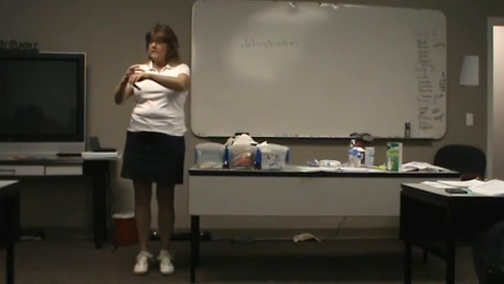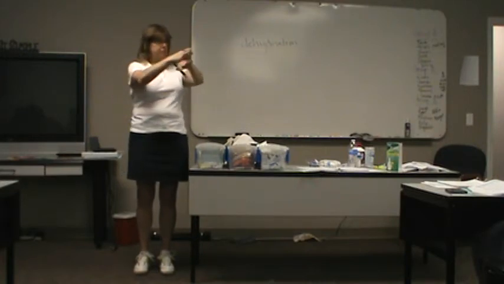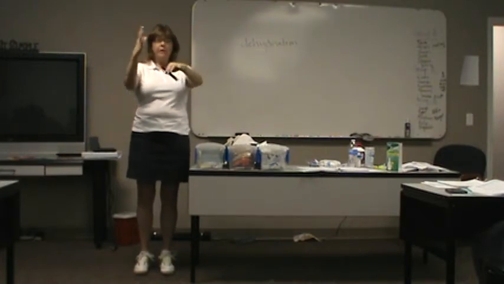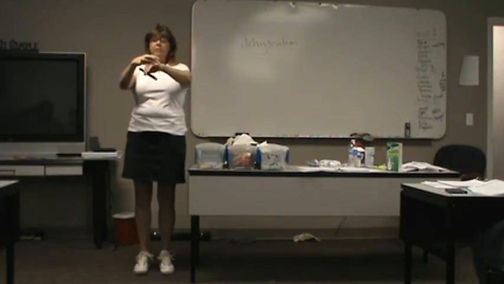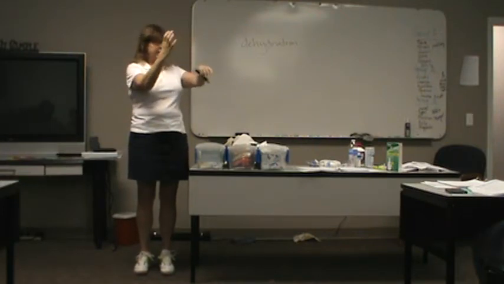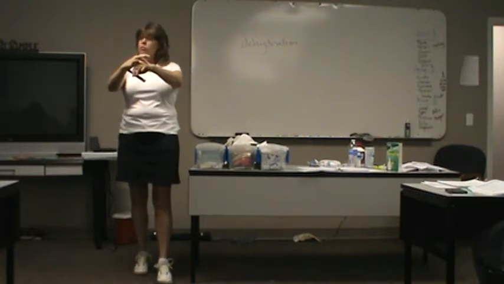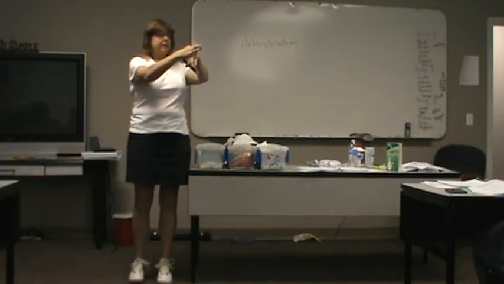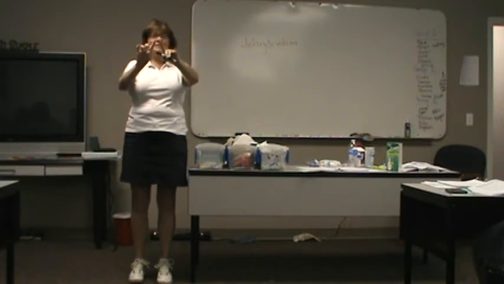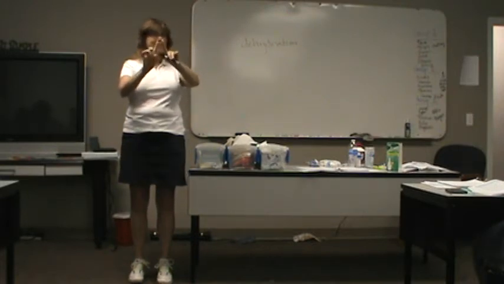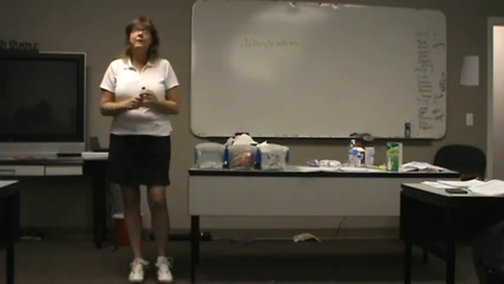So I can do something called a tent test, where I pick up their skin and let go. If I have good hydration, the elasticity of my skin will bounce right back. But if I'm dehydrated, I lose some of that elasticity, and in my elderly, that skin will stay tented, and usually we do the back of the hand.